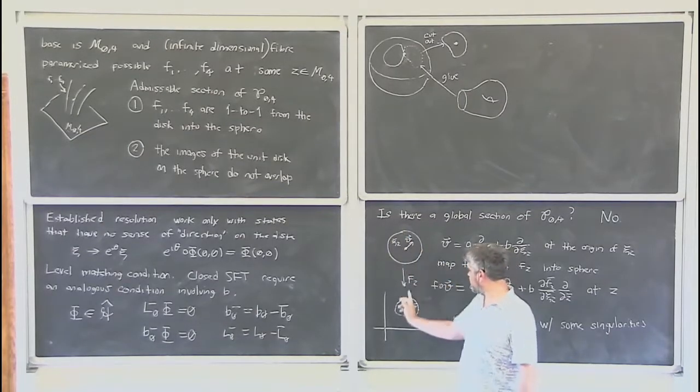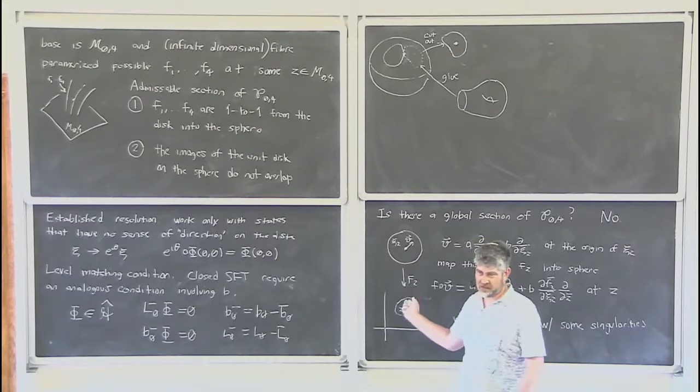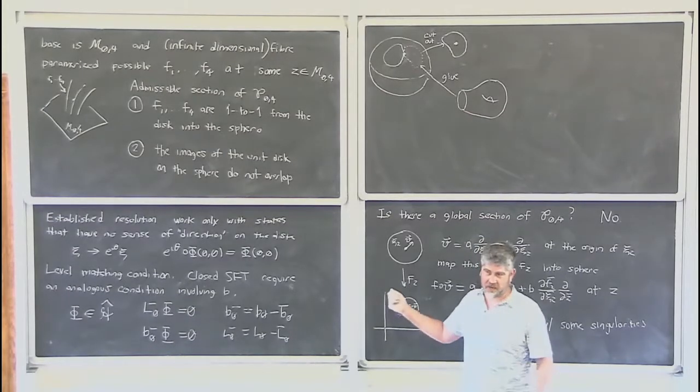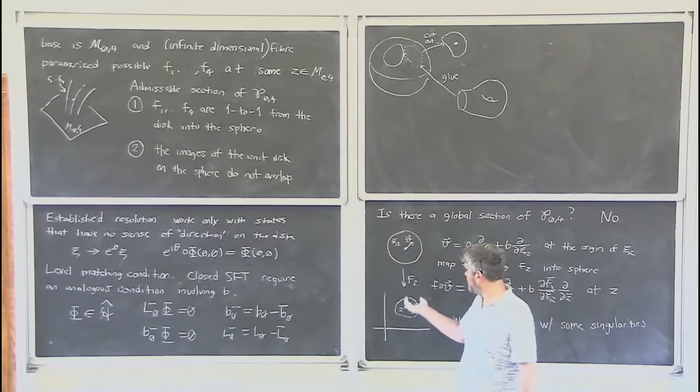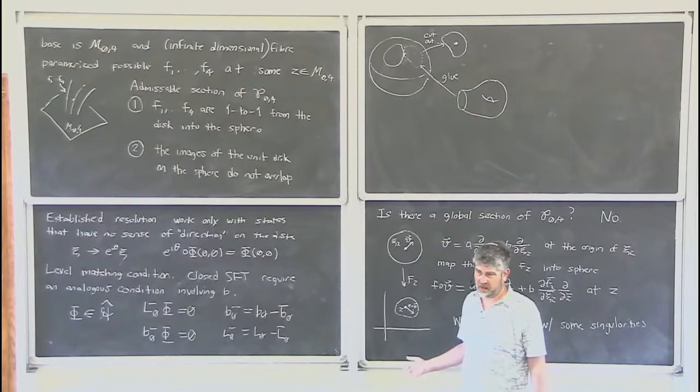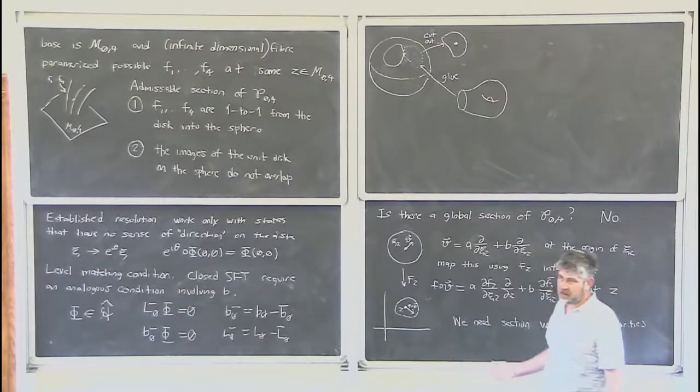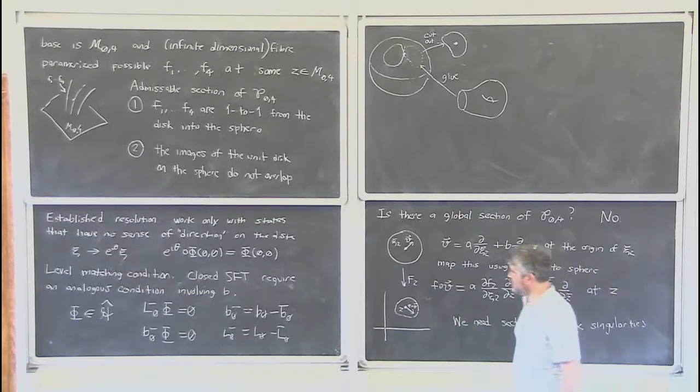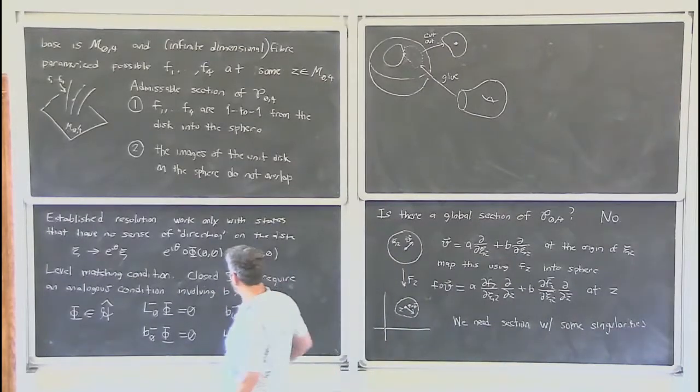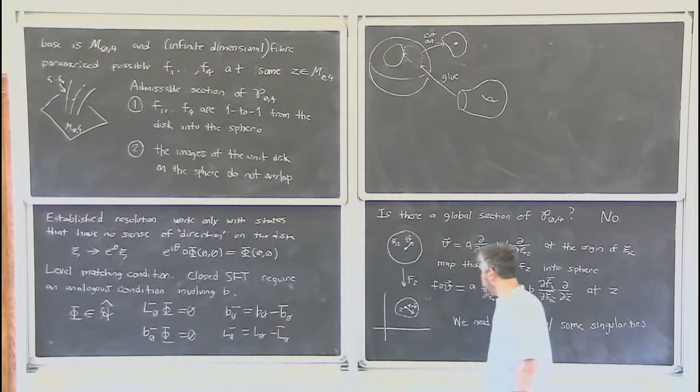So if the direction of this vector has to undergo some singular behavior at a point in the moduli space, then the state won't see it. So in some sense, with states like this, we don't have this difficulty.